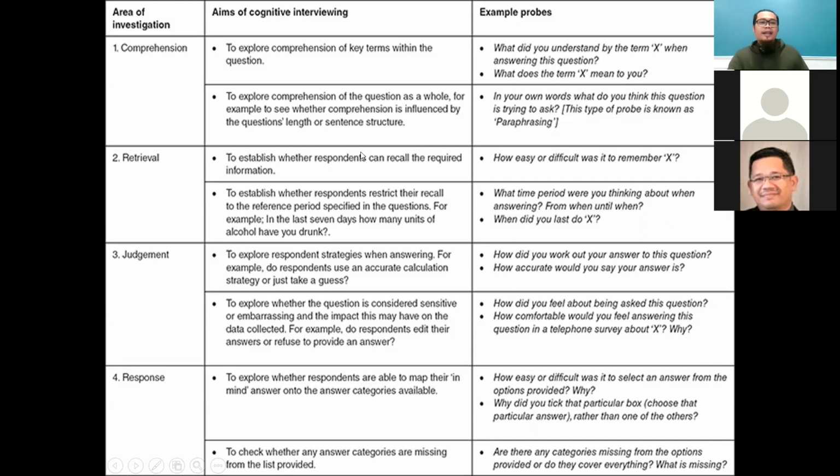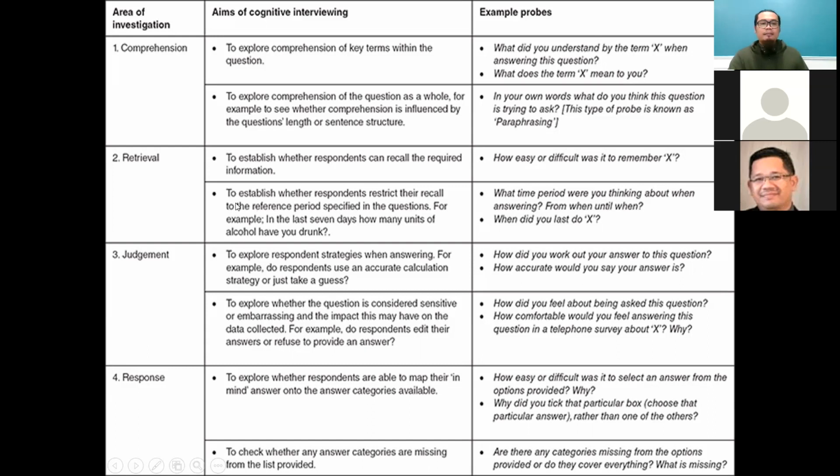Okay, after comprehension, we go straight to retrieval. For retrieval, we establish whether the respondent can recall the required information. For example, the probe: how easy or difficult was it to remember X? X represents the terms.